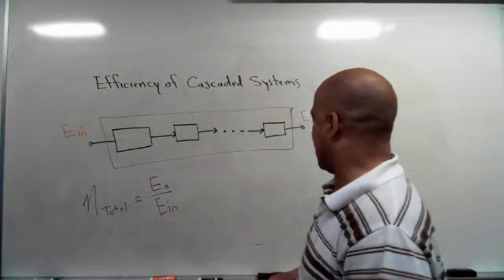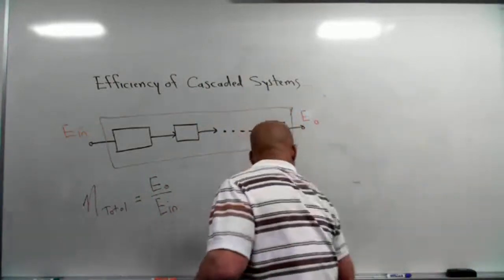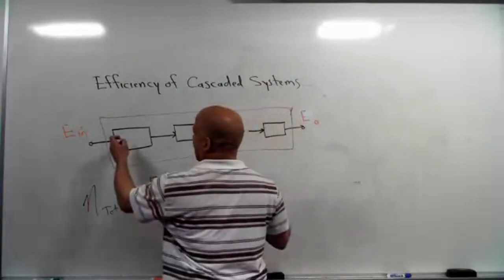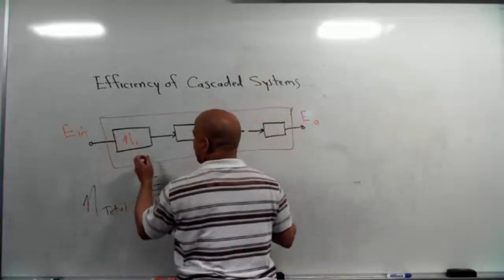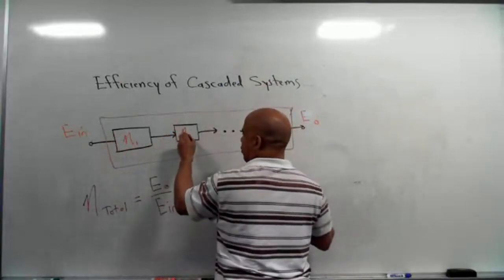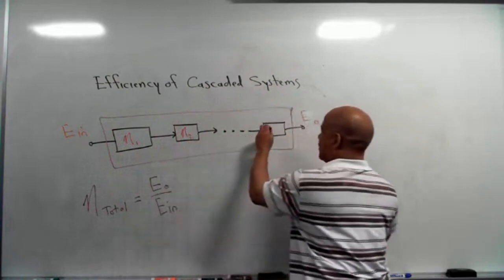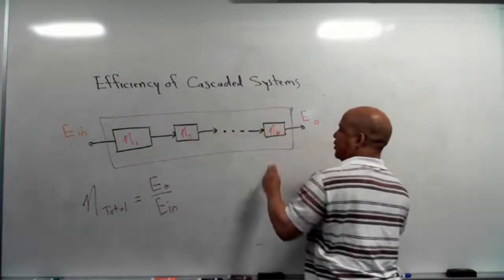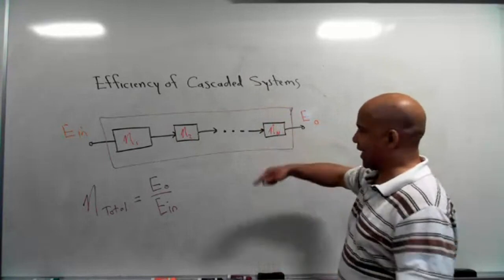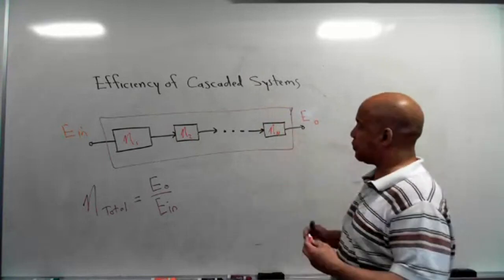But it turns out, let's say that this transducer is efficiency 1, this is efficiency 2, 3, 4, 5. This is efficiency N. That's the last one. I'm using that N. I can have any number of efficiencies.